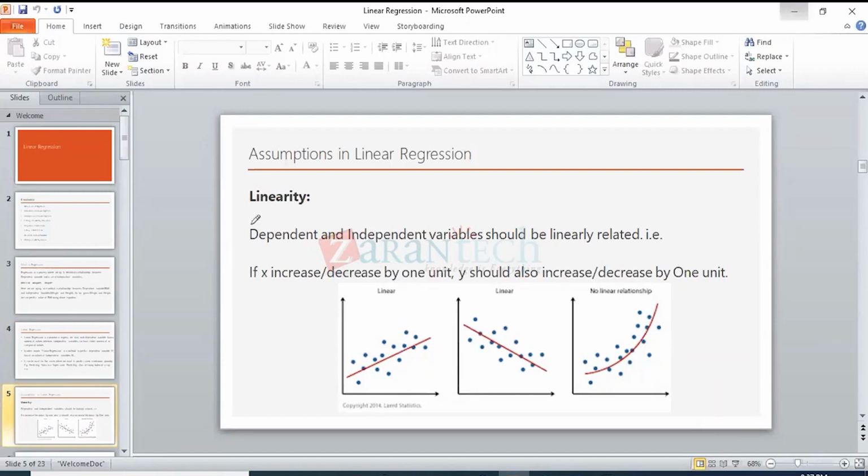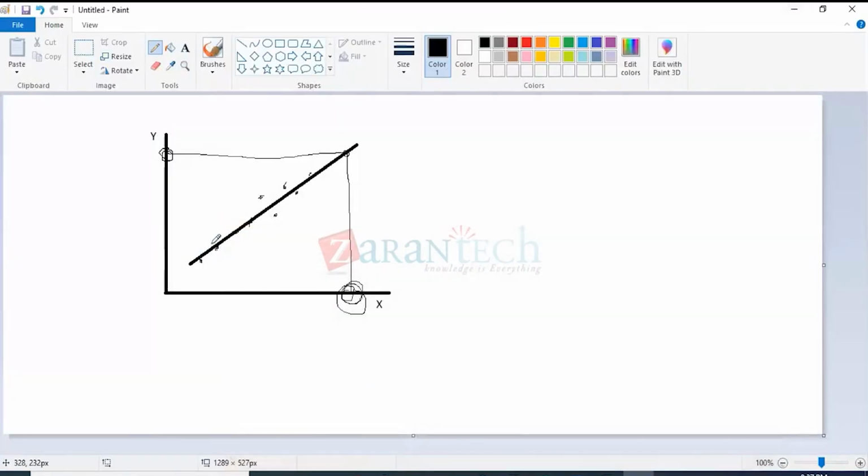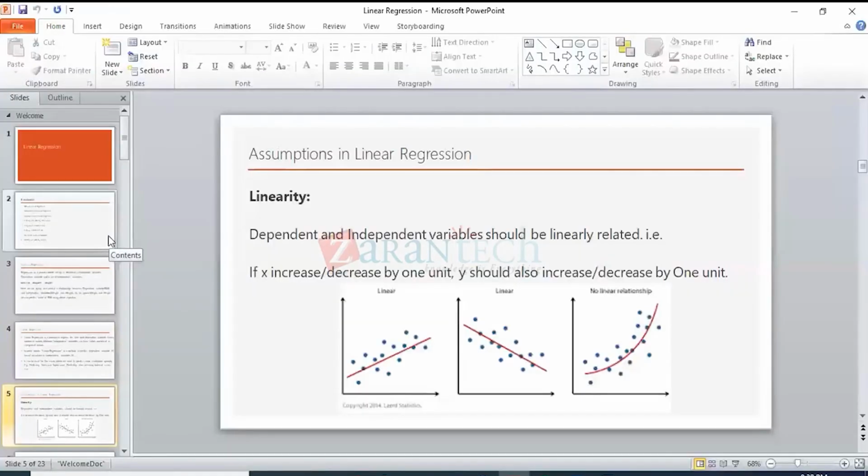This line that is fit is actually based on certain assumptions that we take on our data set. Let's see what those assumptions are. The first one is linearity. What do I mean by linearity?